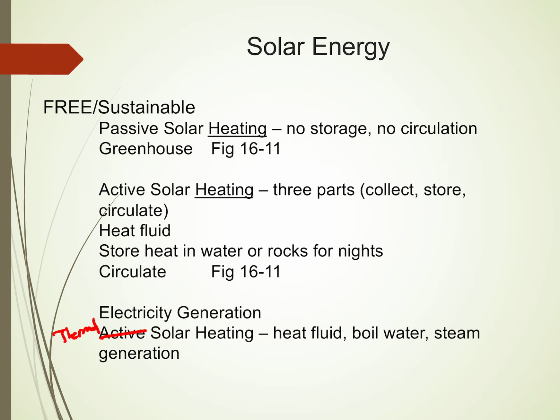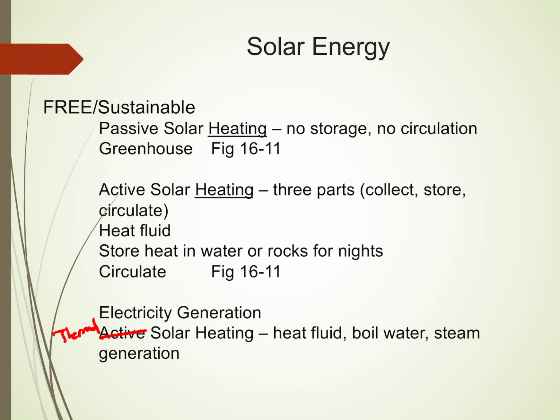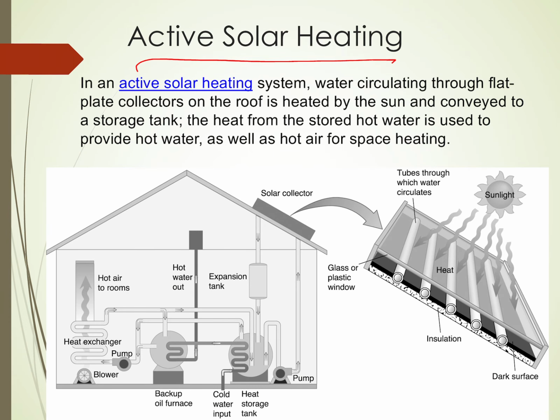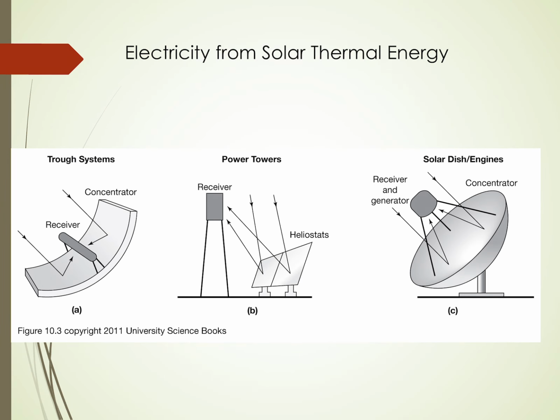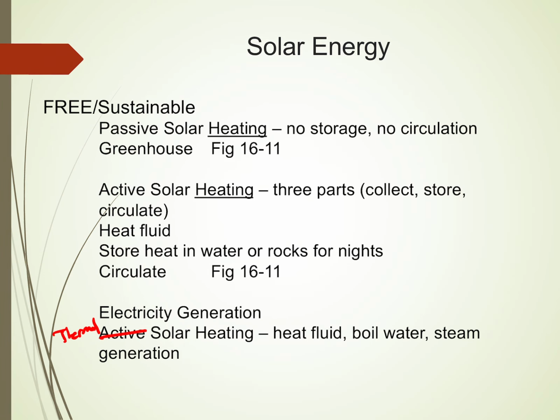So I guess it's okay. It's just that word. That word is wrong. It's thermal solar heating, and it really applies to this. So this active solar heating applies to this right here, and then we go into electricity from solar thermal energy. This is what this should be. Thermal solar heating. Active solar.